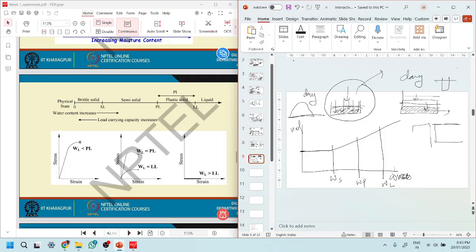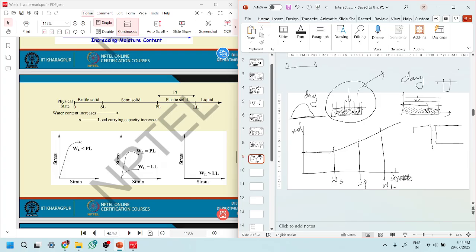In solid mechanics, steel will have the same strength, it's not going to change. But in soils, the strength changes based on the gradation, the water content, the loading history, and all these things.